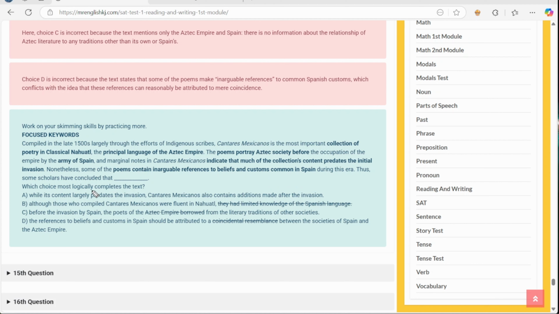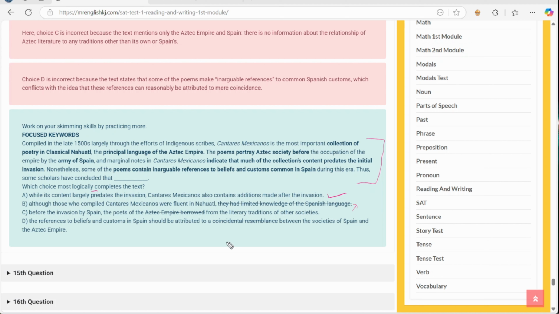Okay. Now the most logical one we need to find: while its content largely predates the invasion, it also contains additions made after the invasion. Yes, it is telling. Let's take a look. Maybe we find something more logical. Although those who compiled it were fluent in Nahuatl, they had limited knowledge of the Spanish language. Well, the text does not say that, and we cannot add anything from our side.